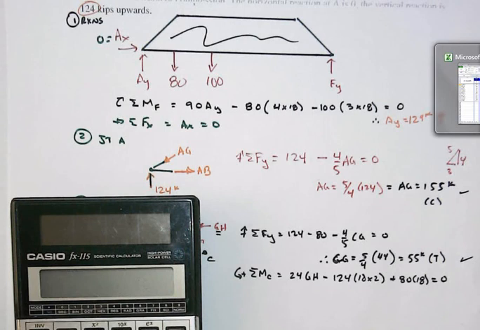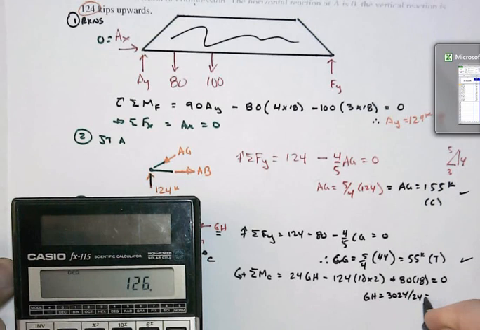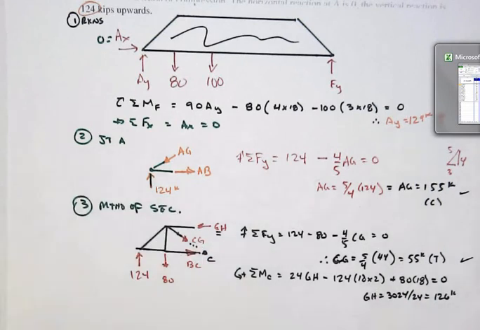I do get a positive number, that's 3024, and then divide by 24, and I get 126 kips. Again, the positive sign indicates that I assumed the correct direction, but as shown, it's pushing on the free body diagram, so therefore that will be in compression.